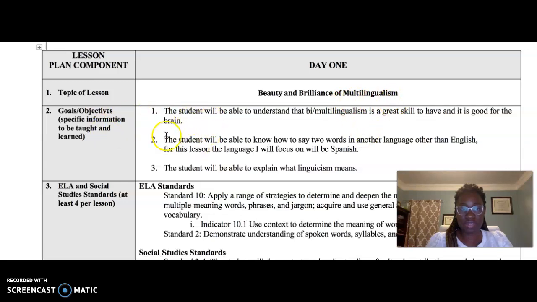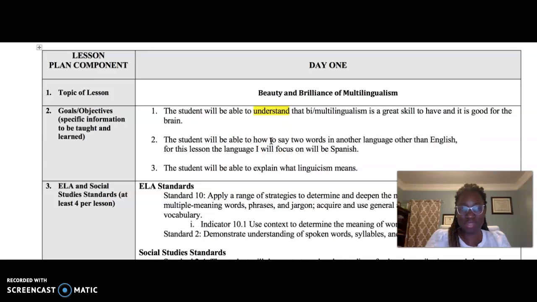Notice the objectives. The student will be able to understand that bi and multilingualism is a great skill to have and is good for the brain. Here the word understand would be the Bloom's taxonomy word that I'm looking for. The student will be able to know, I would probably put identify, which is easier.